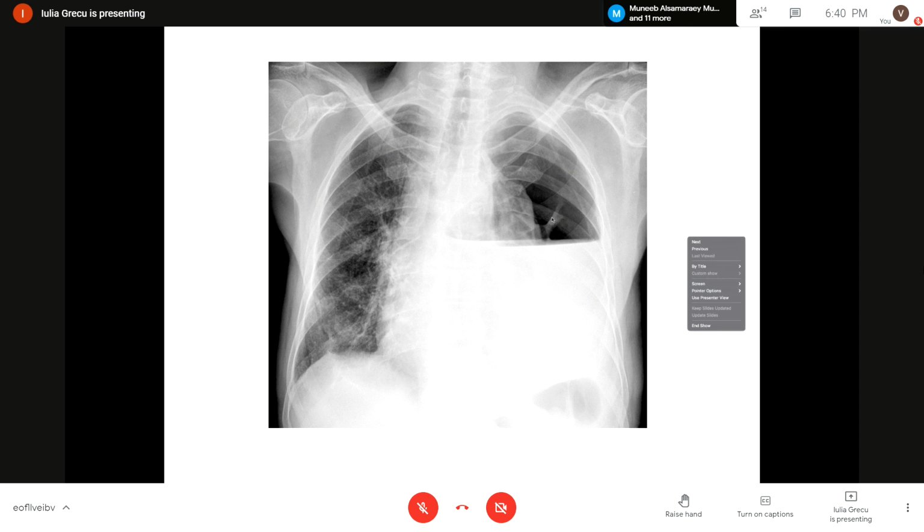The signs that I was thinking of, for example, are if you see this band here, it is the only opacity that we find over this hyperlucency. This suggests that there are some remaining fibrous bands that connect the pleurae, and that suggests that it is a previous condition.